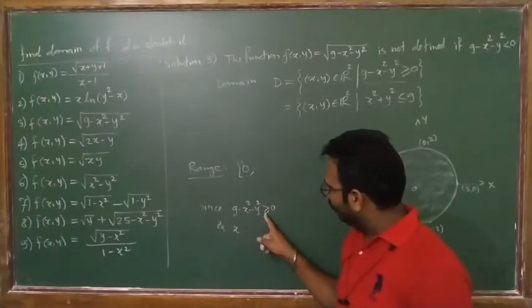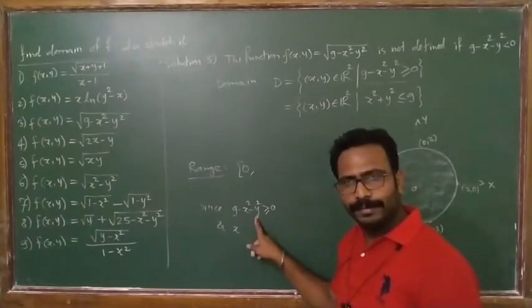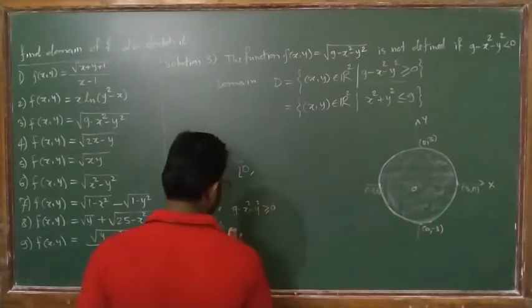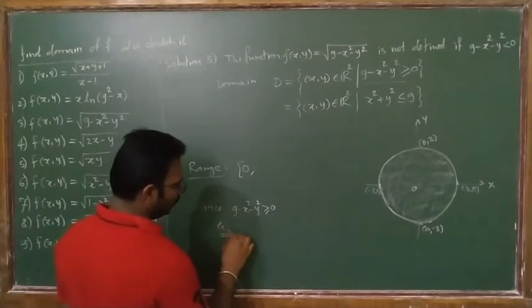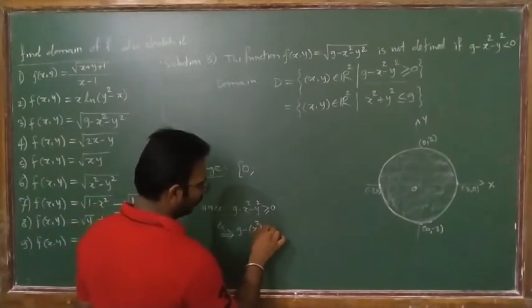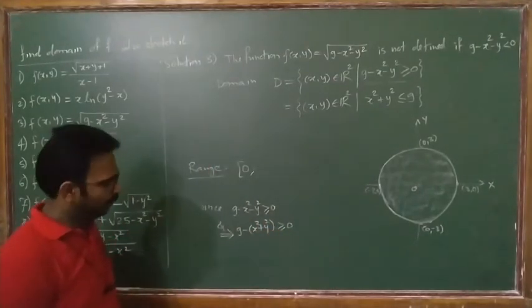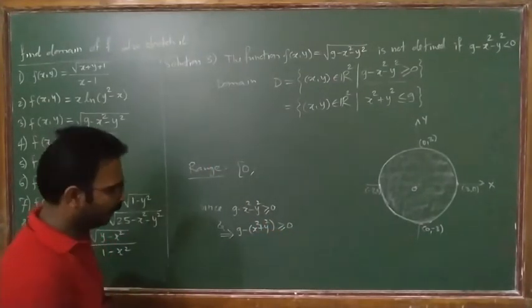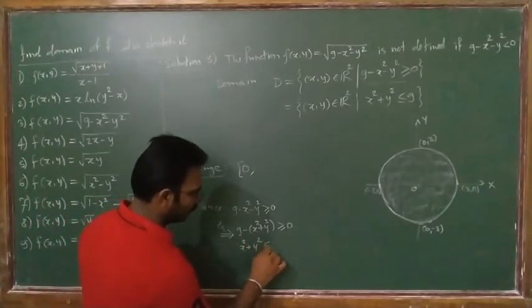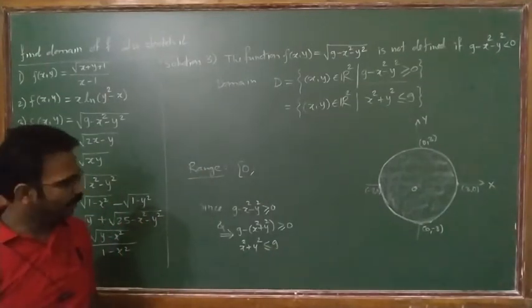This quantity will be positive if and only if x square plus y square has to be less or equal to 9.